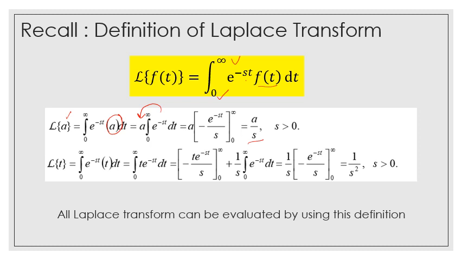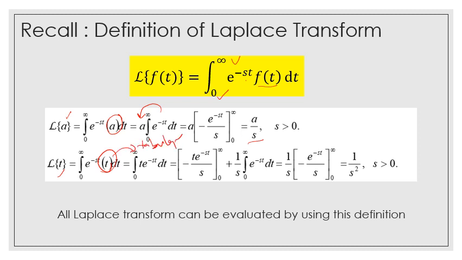Another example, we have t. To get the Laplace transform of t, we just substitute it into the definition, the t here into the f(t). Since we have two factors here, t and the exponent, we need to solve this using the tabular method.